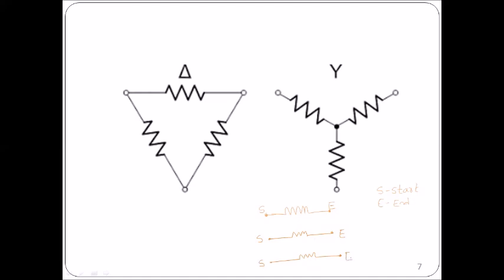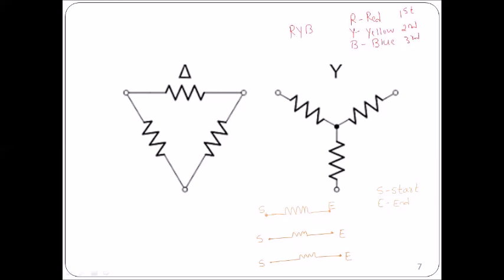Whenever the three-phase concept comes into picture, it is identified by RYB, where R stands for red, the color used to identify the first phase. Y stands for yellow, the color to identify the second phase, and B is blue, another color to identify the third phase. So this is the first phase, this is the second phase, and this is the third phase.